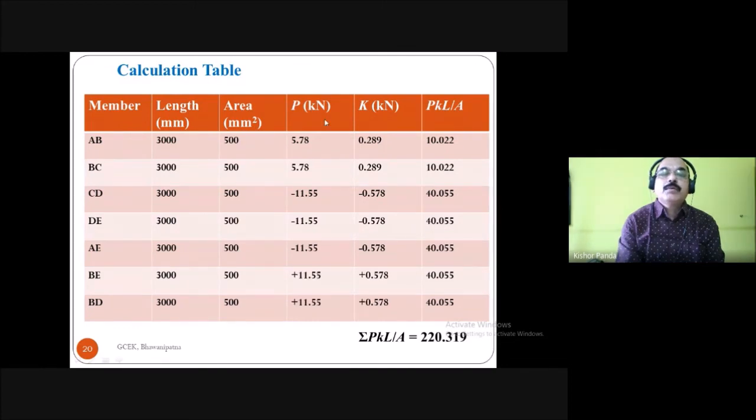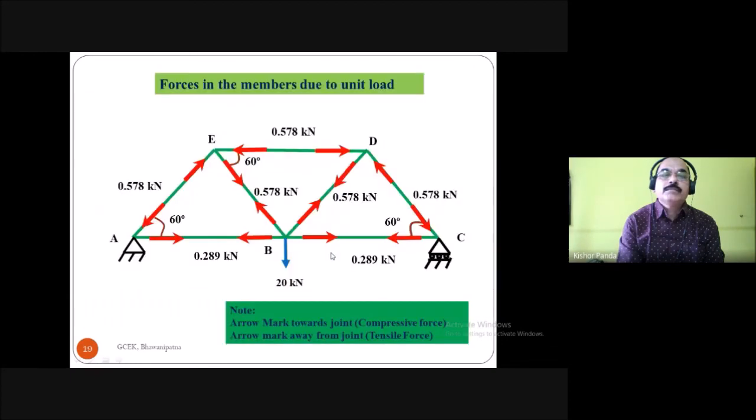Then the force in the members due to the external applied force. For the AB member it is 5.78, tensile in nature, and for the BC member 5.78 tensile. For CD it is minus 11.55, compressive, for DE minus 11.55 compressive, and for AE minus 11.55 compressive.